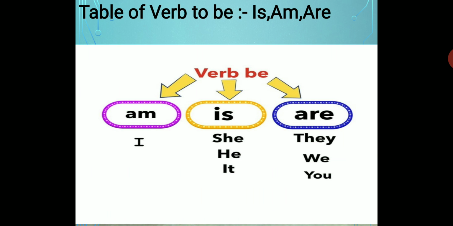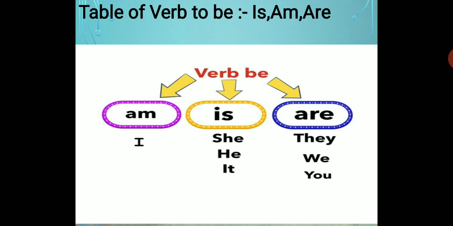He, she, it are the singular form of the pronoun, and instead of this pronoun, if there is a singular noun in the sentence, then also we use is with them. For example, he is a brave boy. So he represents one boy, right?